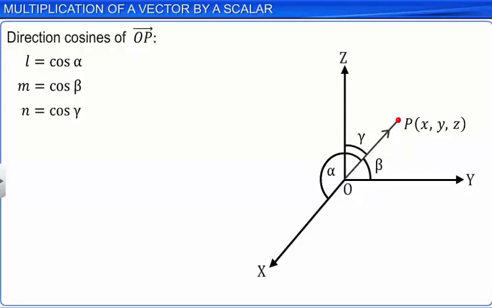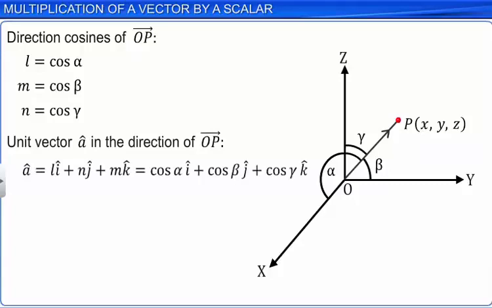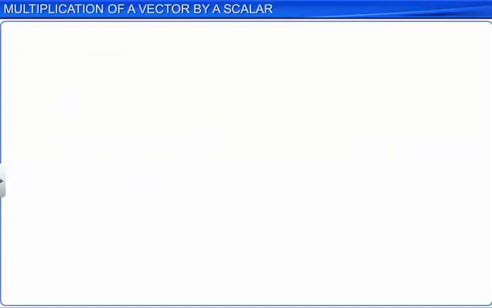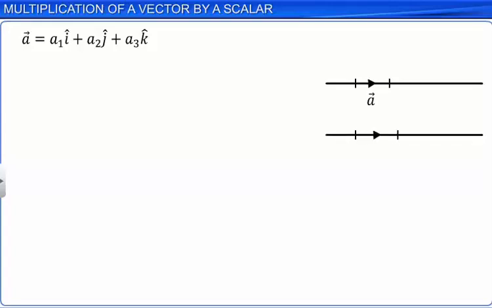If the direction cosines of a given vector are known, then the unit vector in the direction of the given vector can be written as shown. Now, consider a vector A in its component form. Multiplying the given vector A by a scalar lambda, we get another vector as shown.